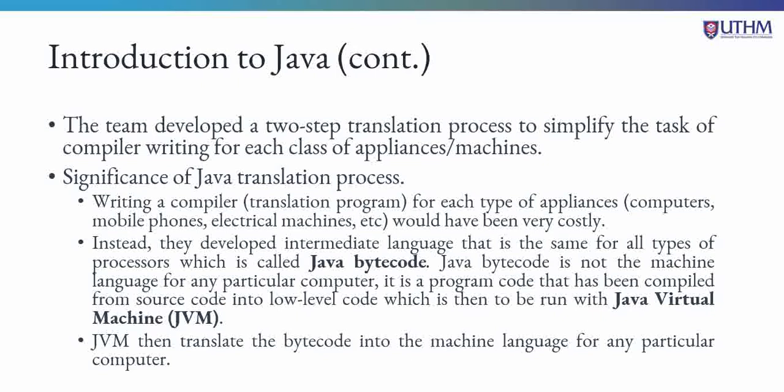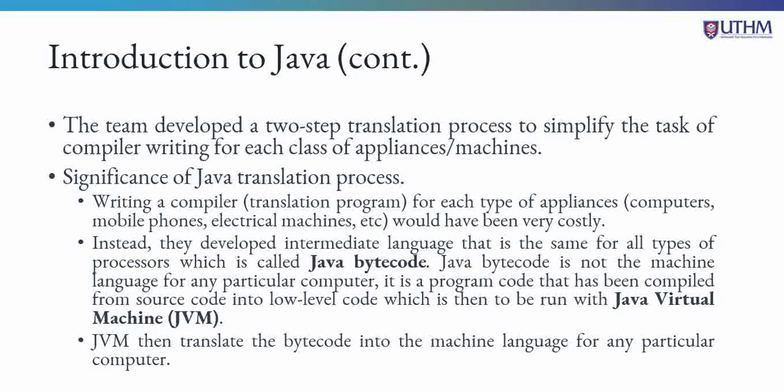So it is a program code that has been compiled from source code into low level code, meaning that it uses 0 and 1, which is then to be run with the Java virtual machine.